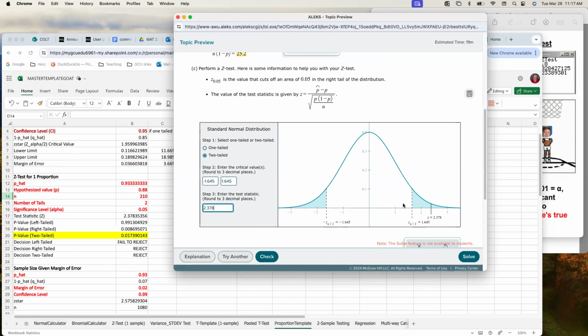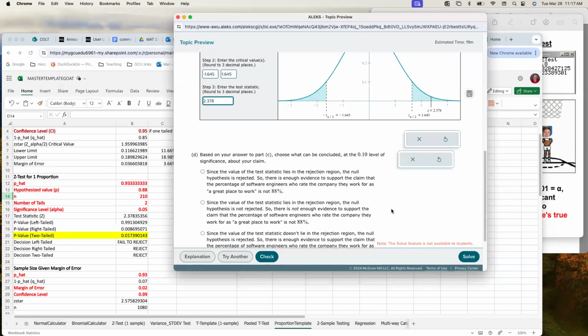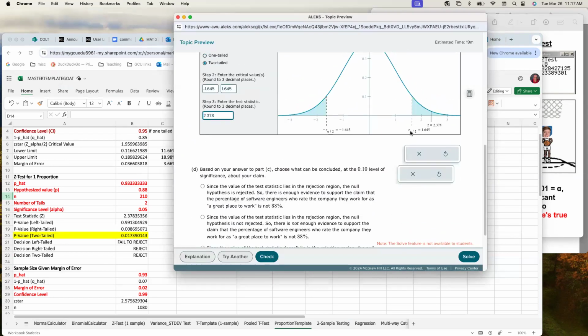Okay. Now, before I answer this last part here for the conclusion, you can definitely see that I'm beyond or in that zone here. So if I did compute the p-value, which we did over here, p-value is actually 0.0173. That would be the area to the right of this point over here, and also to the left of negative 2.37.